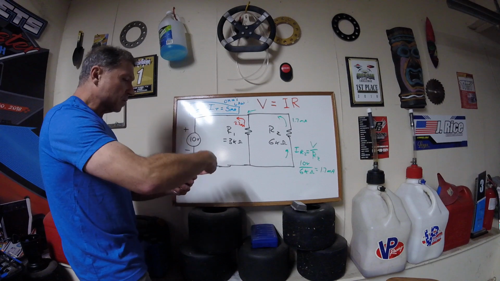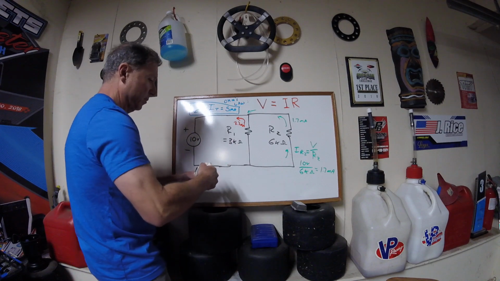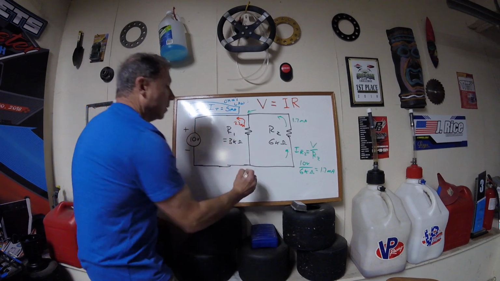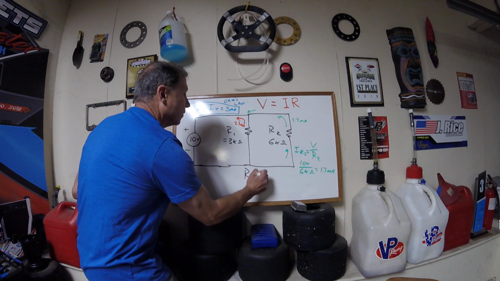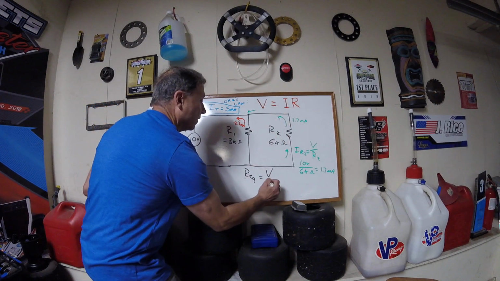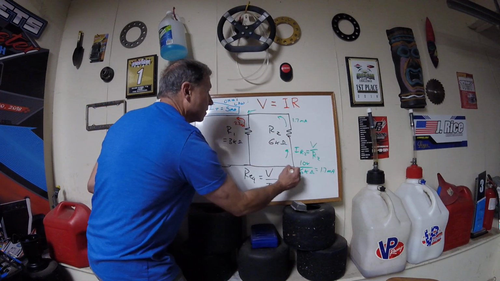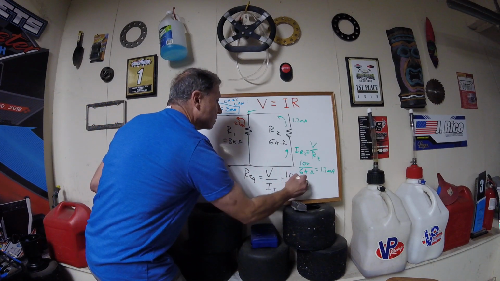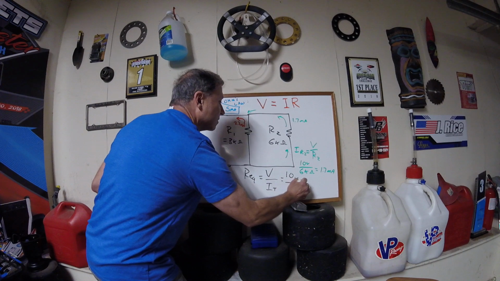So when we do that, we have, just go back to black, our equivalent of the parallel circuit is going to be V divided by IT, so that'll be 10 volts divided by 5 milliamps, like so.